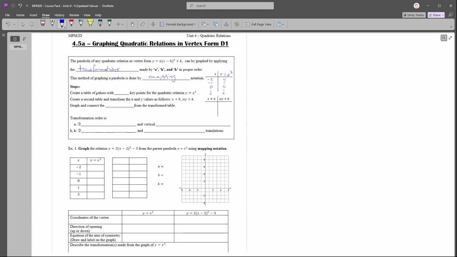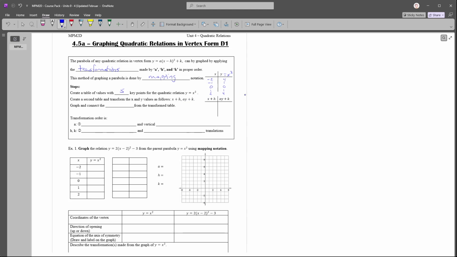So here are our steps. First, we're going to create a table of values with 5 key points for the quadratic relation y = x². Done. We just did that over here. Create a second table and transform the x and y values as follows. We're going to add h to x, and then we're going to make the second column, instead of just y, a times y plus k. And you're like, what?